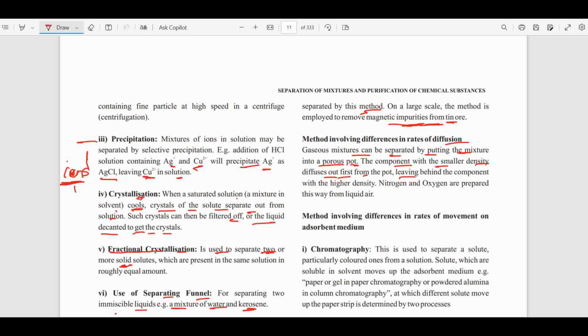And that will leave behind the component with the higher density. So, for example, you have nitrogen and oxygen. They can be prepared from air, which is a mixture, they can be separated by this method, taking advantage of their diffusion rate.